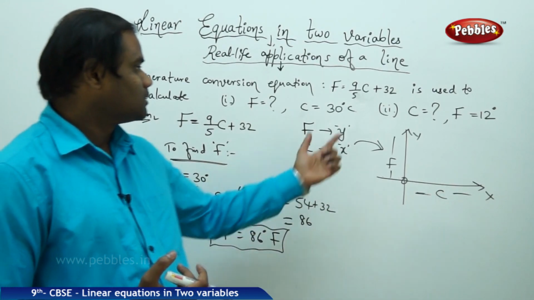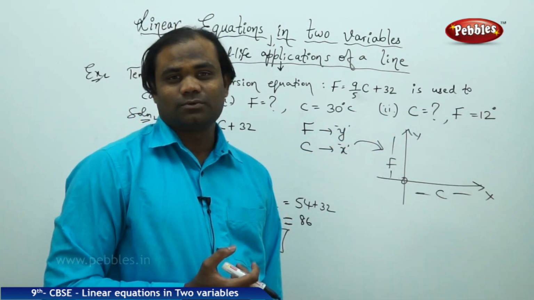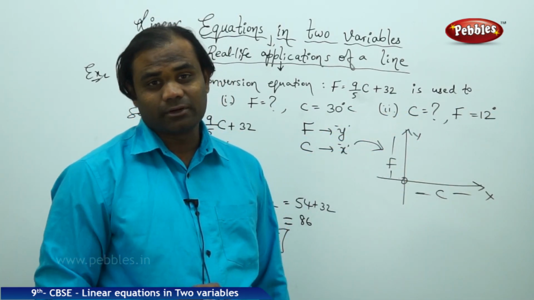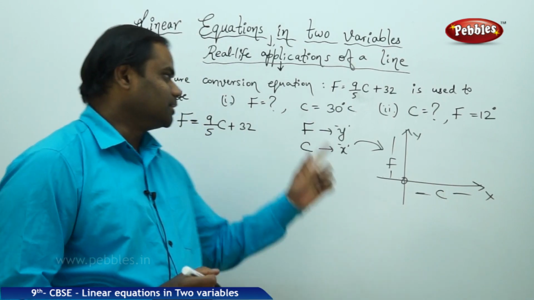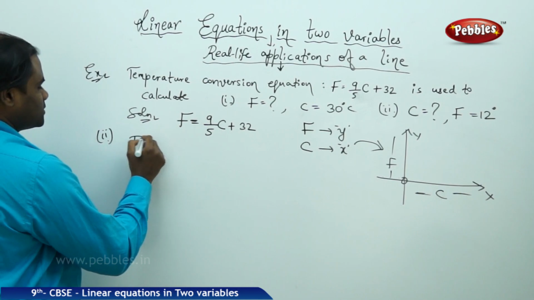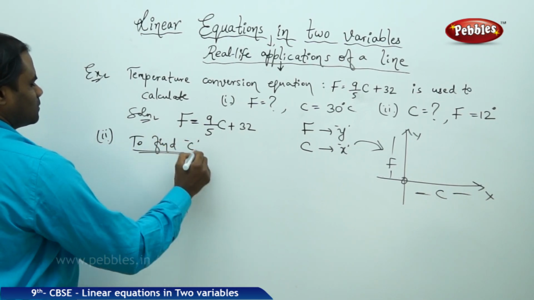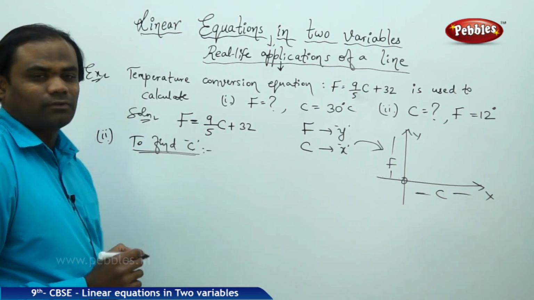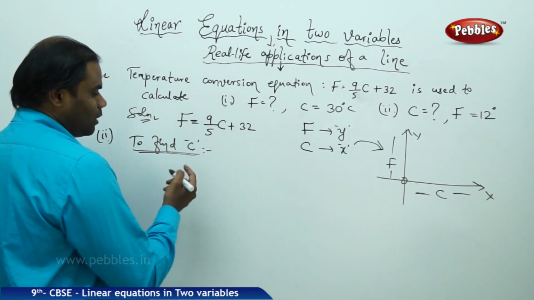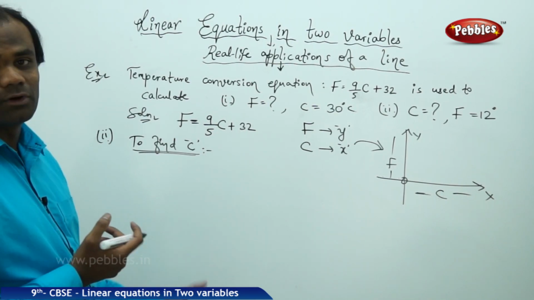Next, let's see the next problem about finding C when F is 12 using the same linear equation. Secondly, my second part is about finding C. So to find C, let's see how we can find the centigrade temperature for the Fahrenheit.